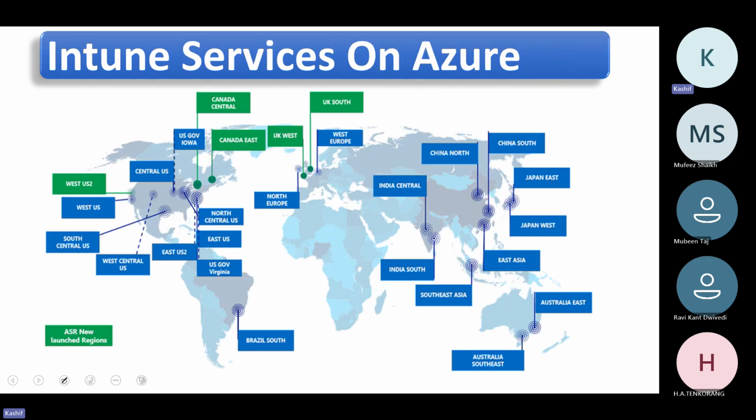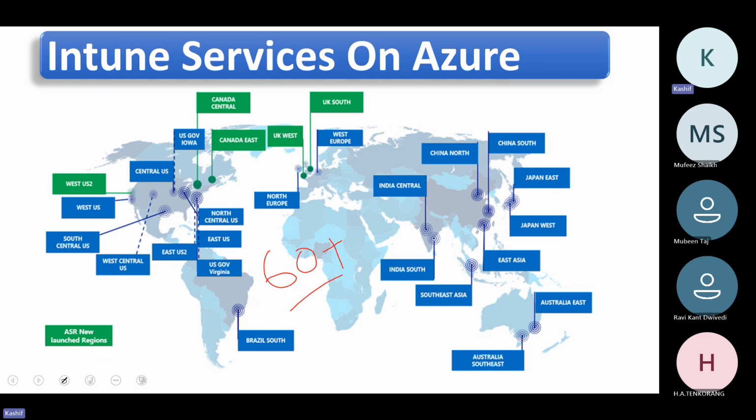Now, Intune services run in the Azure data center. You don't have to install Intune services in your office premises. So you don't need all those things. Intune services are already present and configured, everything by Microsoft, in the Azure data center. Azure data centers are present in more than 60 countries so far.